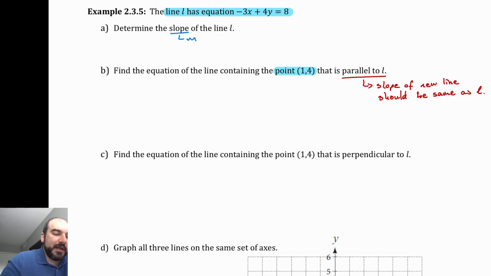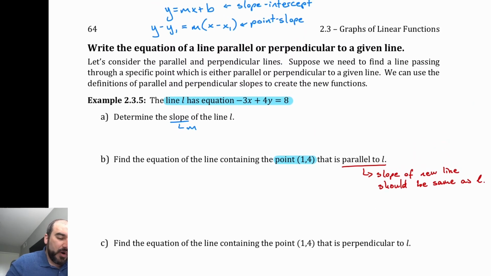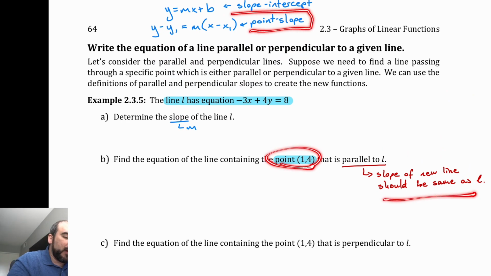So the new line is going to have the same slope as L, but it's now going to go through this point, which I don't think L would have gone through, otherwise this problem wouldn't make sense. So this is a point that L doesn't go through, but if we're given a point to go through and we know the slope is going to be the same as L, then we can use our point slope form to write the equation of that new line.